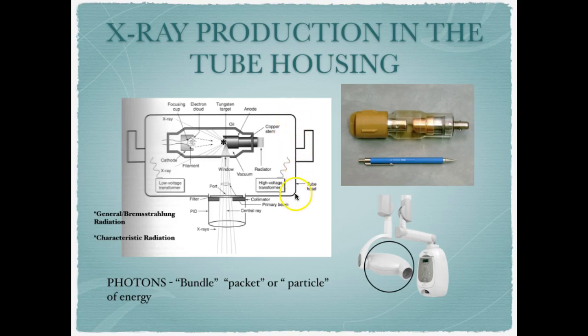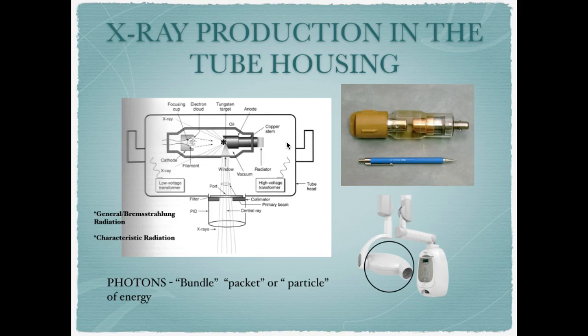And the tube head or the tube housing is lead lined, so no X-rays, if your equipment is in proper working condition, can escape the X-ray unit or the tube housing.